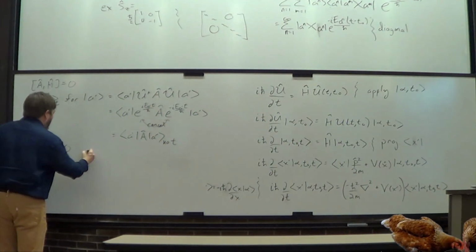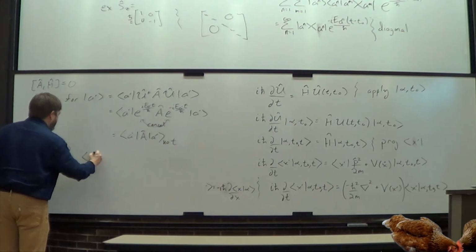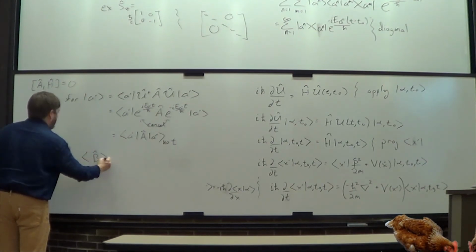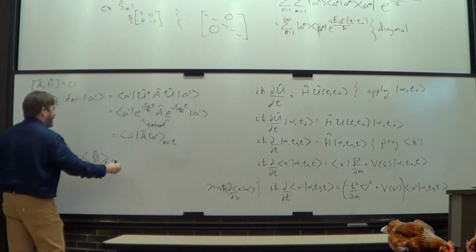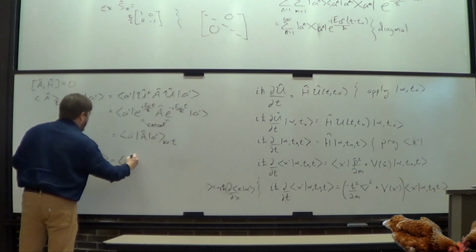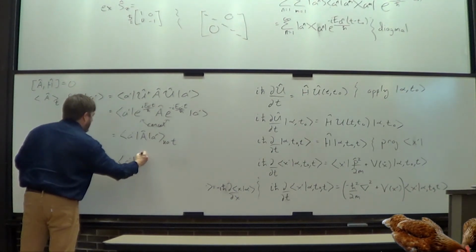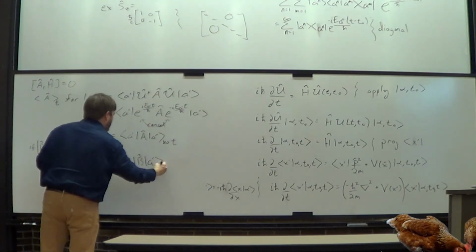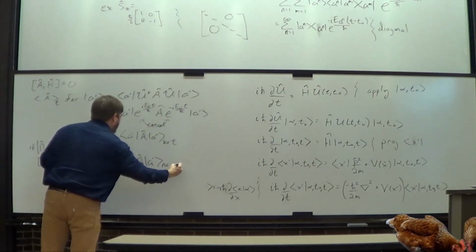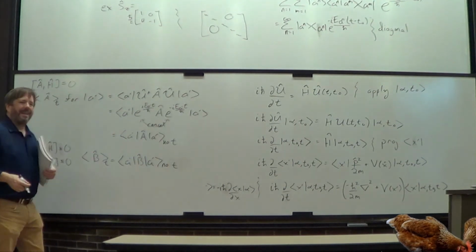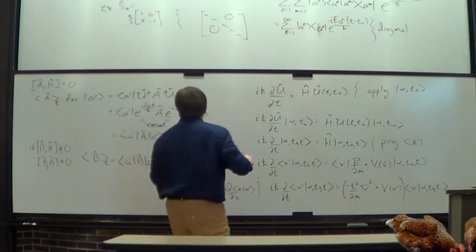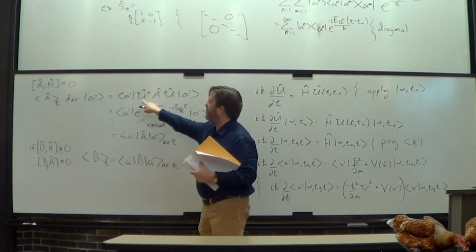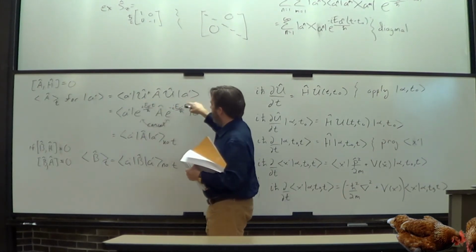What you find, and I won't even do it, the expectation value of B over time is still, guess what, going to be this. The same thing happens, just change the letter A with B. No T. So in other words, even if the operator doesn't commute, again, just put a B here. It doesn't matter because the action is happening over there.